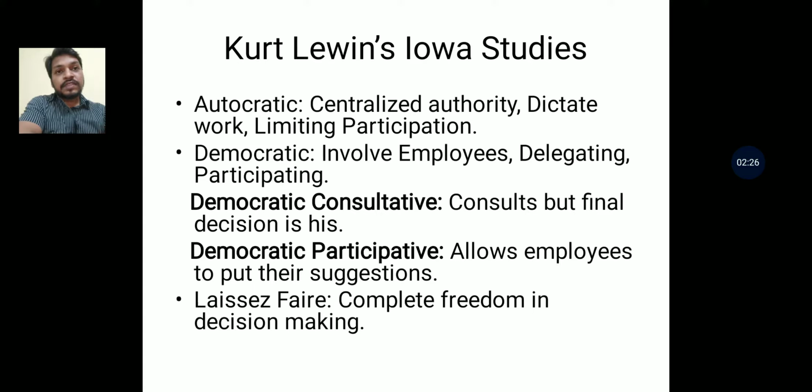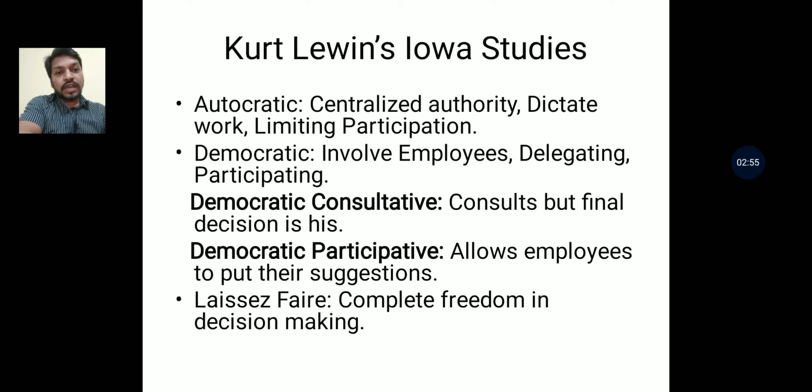Kurt Lewin's second style was democratic leadership, wherein more and more employees were involved in the day-to-day affairs of the business. Democratic behavior was basically when the managers or leaders delegate and get maximum participation from the workers. Democratic can be broken into 2 different pieces. One is democratic consultative, where the leader consults but the final decision is taken by the leader himself.